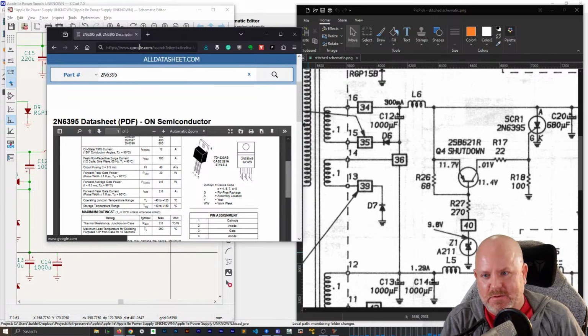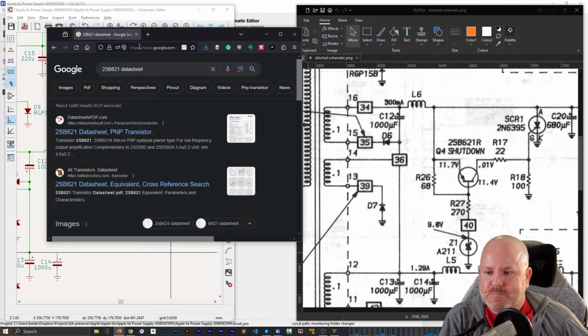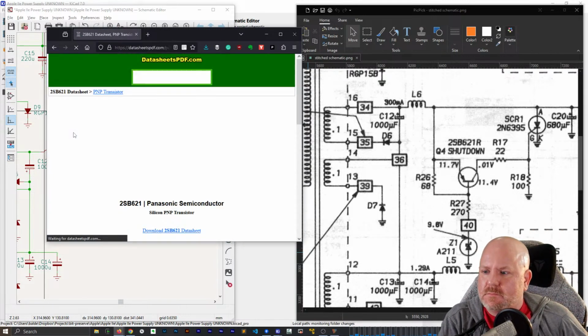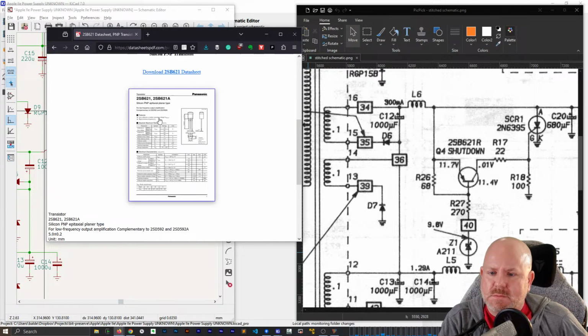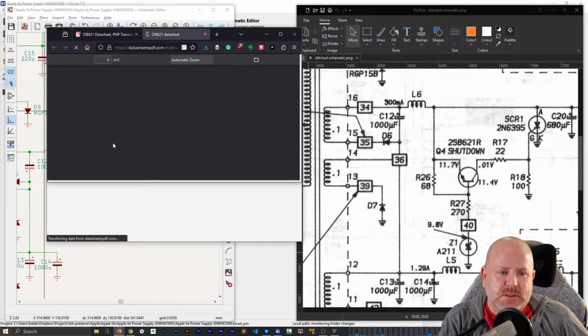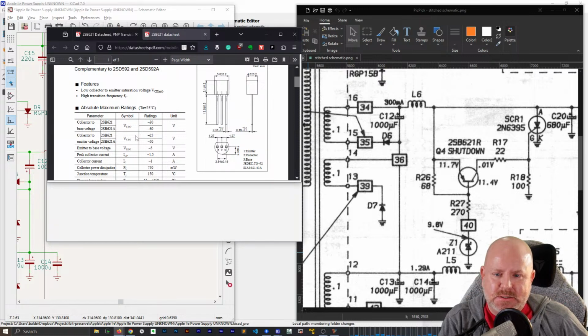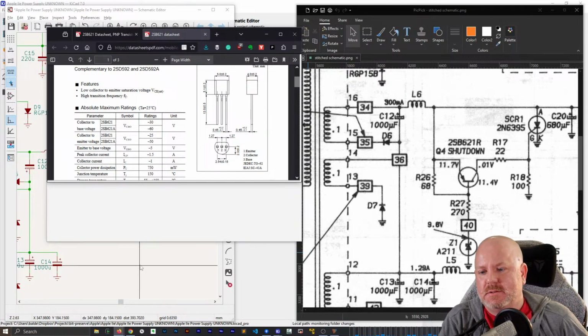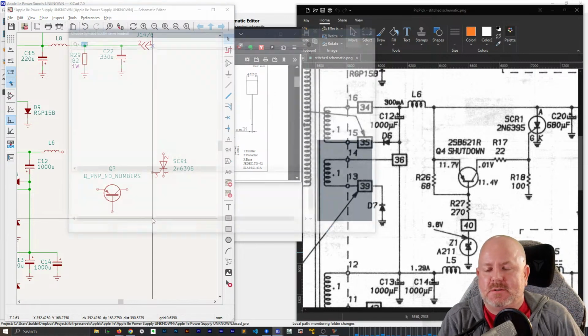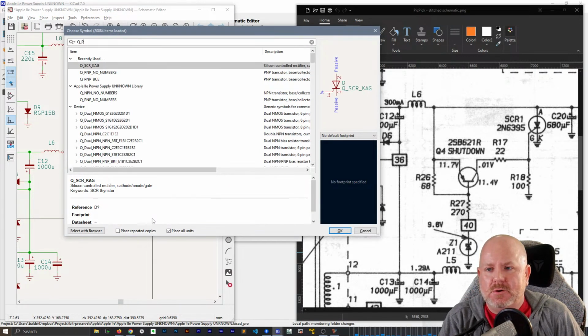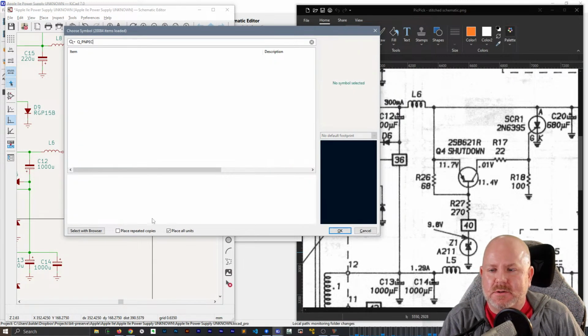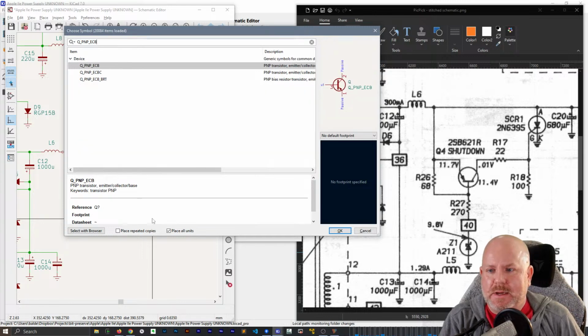Well, we'll just do that. And its data sheet says it goes emitter collector base. Emitter collector base. So we want a Q, PNP, emitter collector base.